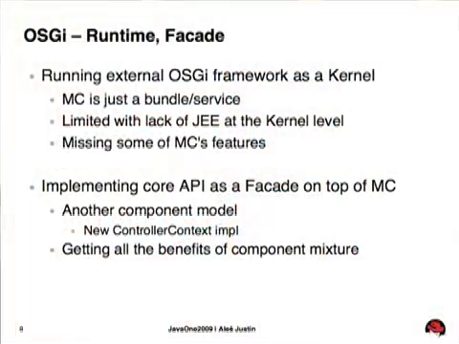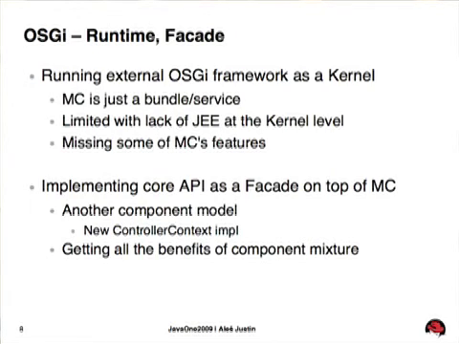And what we're going to do, like it says on the slides, is that the core OSGI API is just going to be a facade on top of MC's API, because we feel that MC itself is a superset of what OSGI does, so we're just going to do a proper facade. What it means is we're going to introduce a new component model. If you listened to Scott's talk about a mixture of different component models, this approach is just going to be another component model.